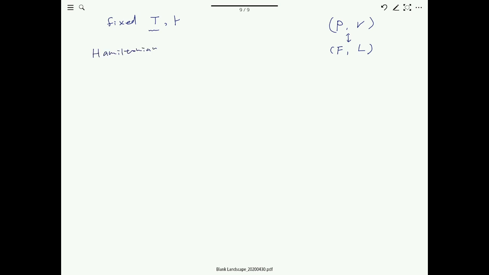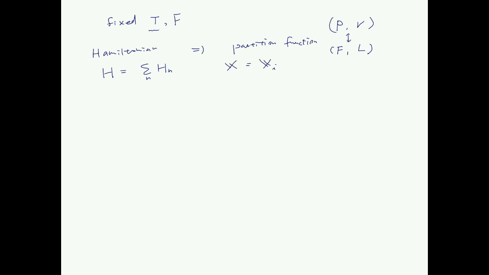Remember that if I have a total Hamiltonian that can be written as a sum of individual, one-particle or one-segment Hamiltonians, then typically my partition function can be written as a single partition function to the power of n.